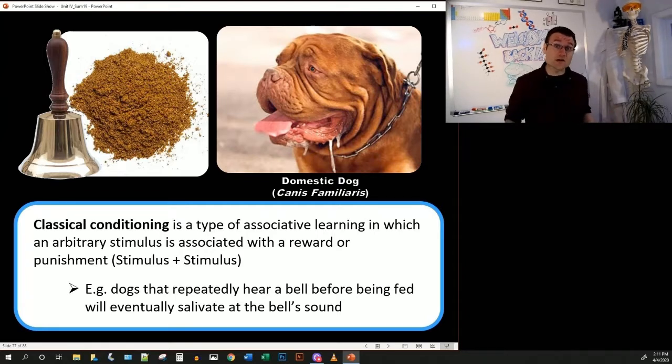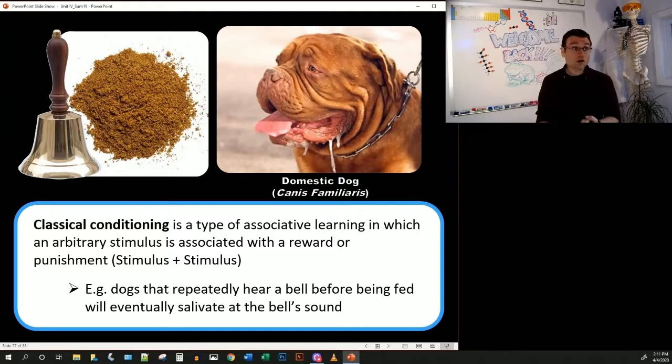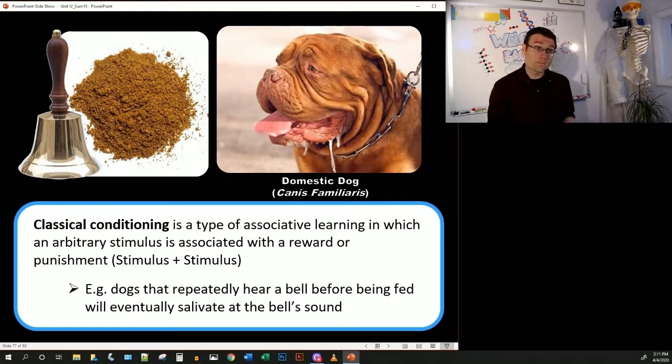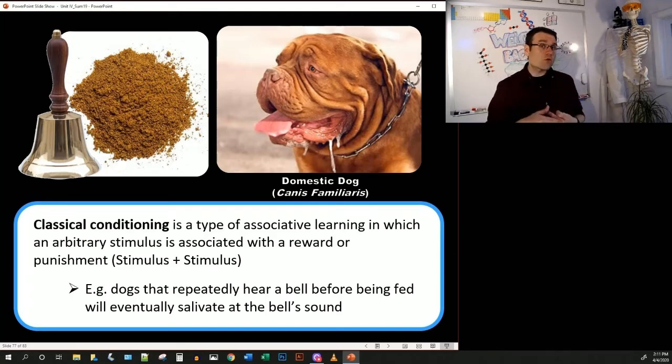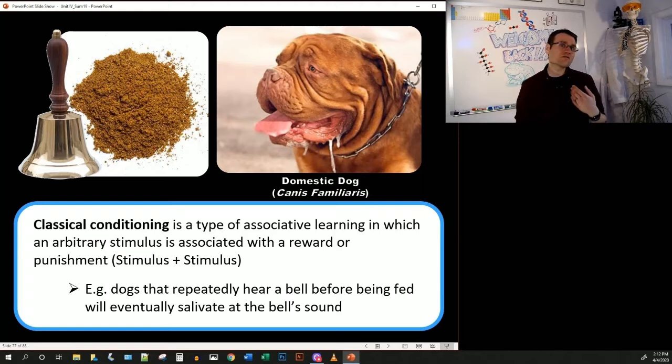That's what arbitrary means. It's not important what it is. In Pavlov's case, he used a bell, but it could just as easily have been a word or a light coming on in one part of the lab, or a particular music. The bell was just a very simple arbitrary stimulus to pick. And the reward or punishment that Pavlov used was meat powder.